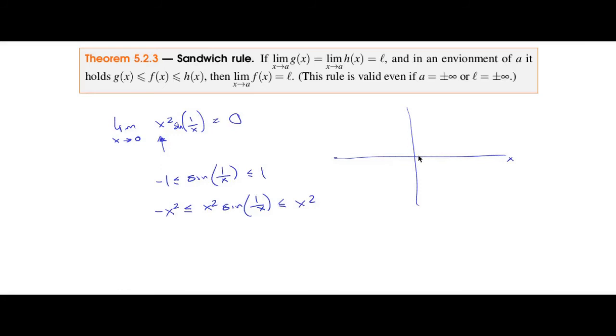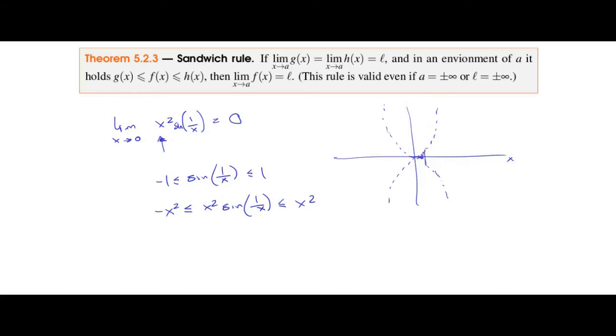So this is x, and the x squared looks something like this. We've plotted this before. And minus x squared, something like this. Well, x squared times the sine of 1 over x is going to be bounded by this, so it's something like this.